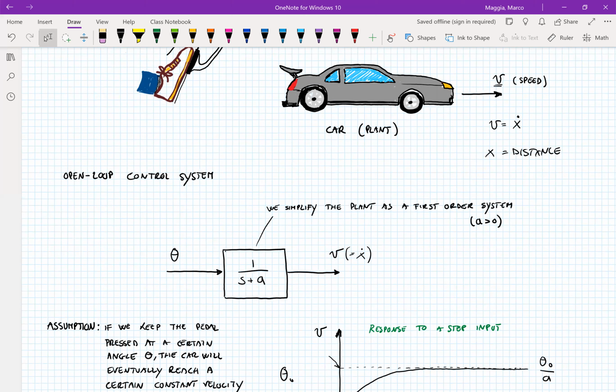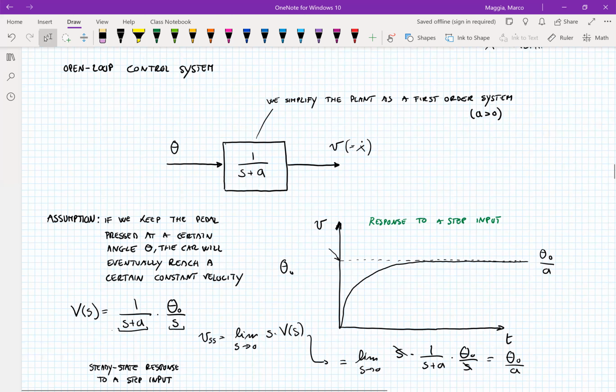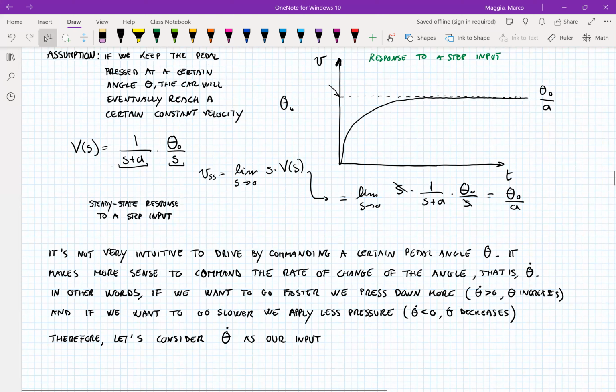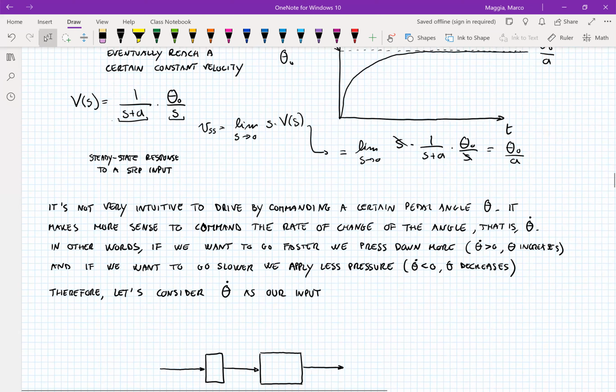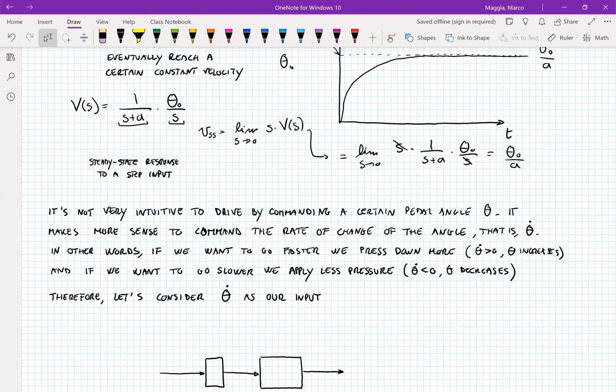So now we might want to design a controller if we want the car to do certain things. But before doing that, I want to modify slightly the plant. In fact, the problem is it's not very intuitive to drive by commanding a certain pedal angle. It's not that if you want to go 20 miles per hour, you say, okay, I have to press down the gas pedal at 40 degrees or 35.